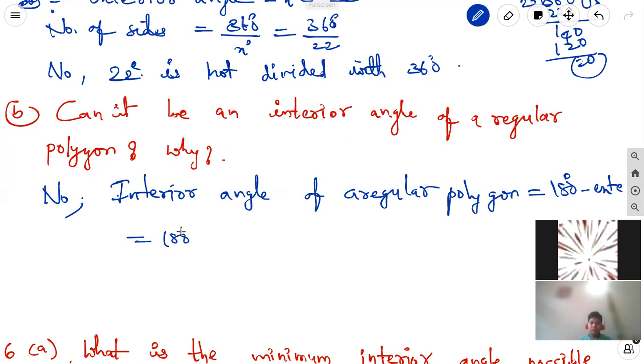That is equal to 180 degrees minus 22 degrees. That is equal to 158 degrees. It is also not divisible.